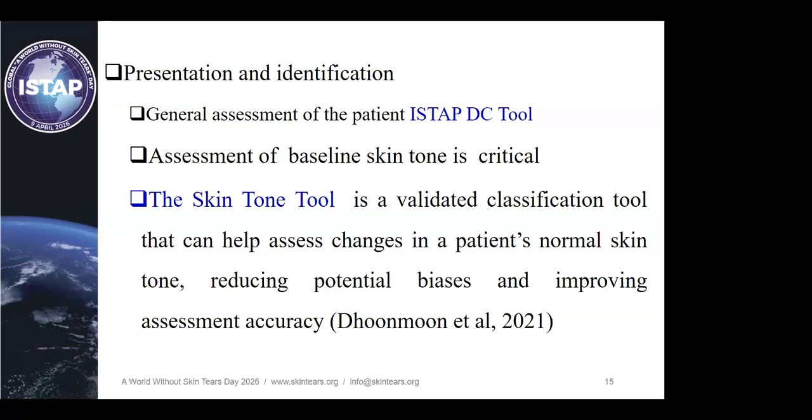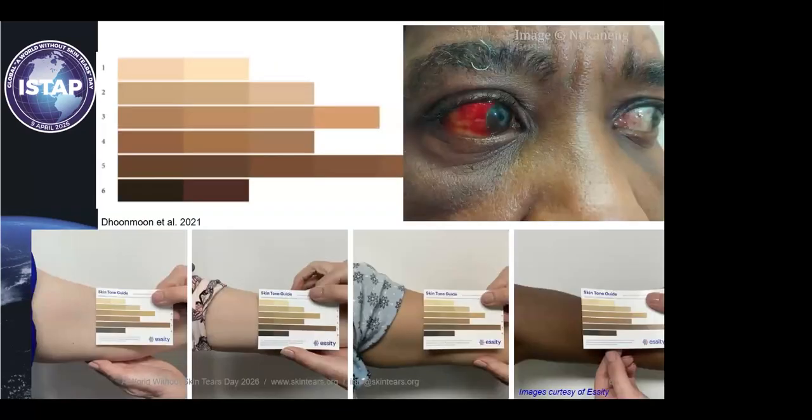Assessment of the baseline skin tone is also critical. For this, a validated skin tone tool can be used where the patient's normal skin tone is assessed to reduce potential biases and to improve assessment accuracy.